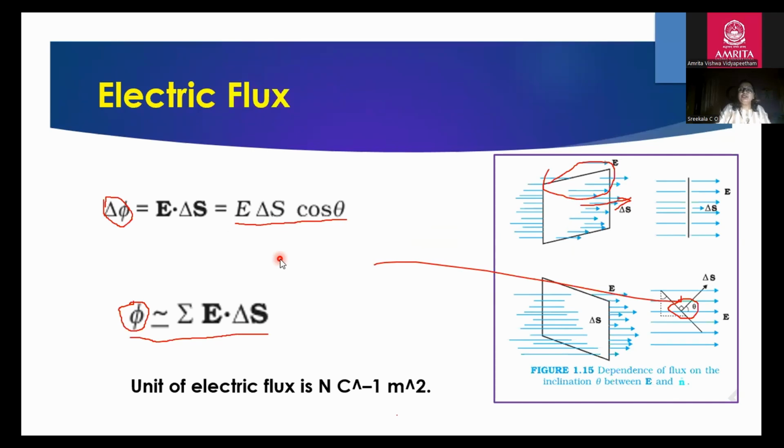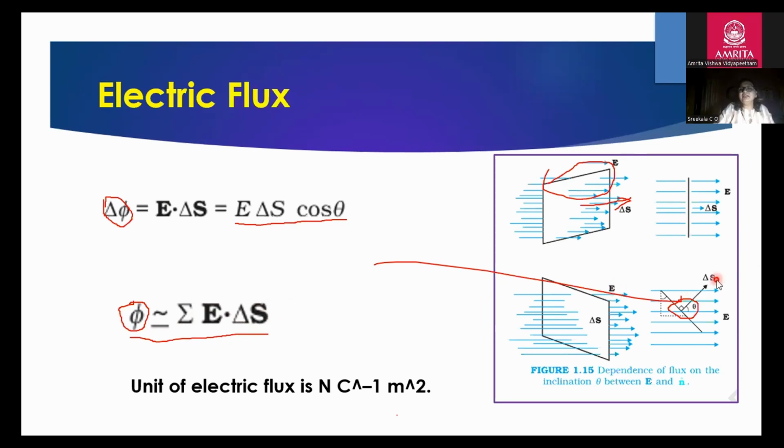Phi is not a vector quantity, but in E and delta S, E is a vector quantity. Delta S here represents a vector quantity, meaning the normal to the area, the normal line.